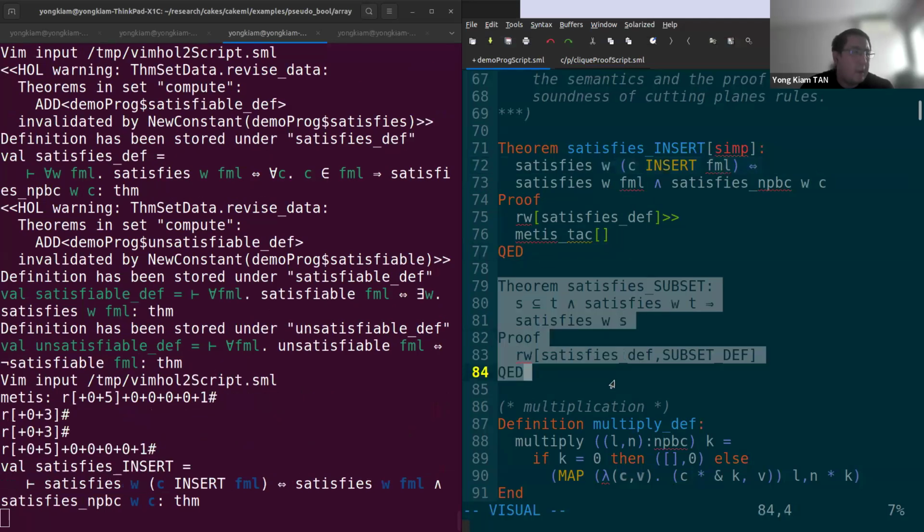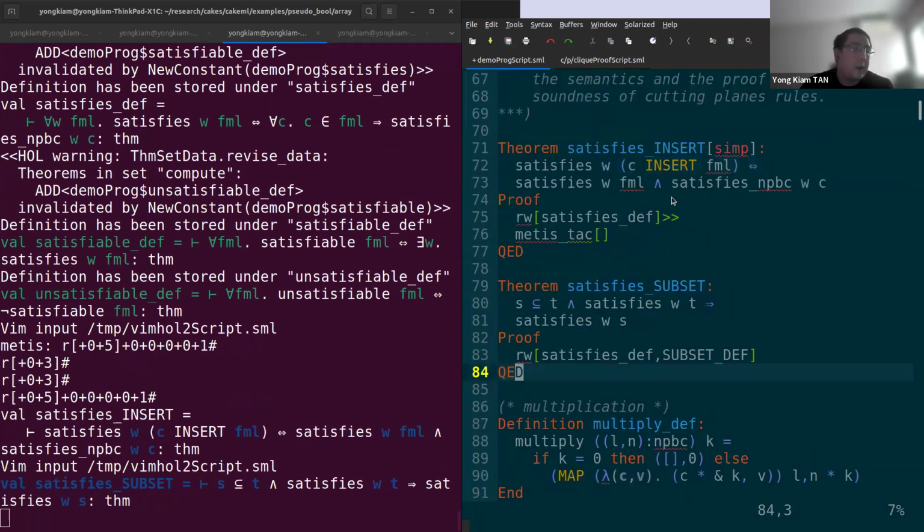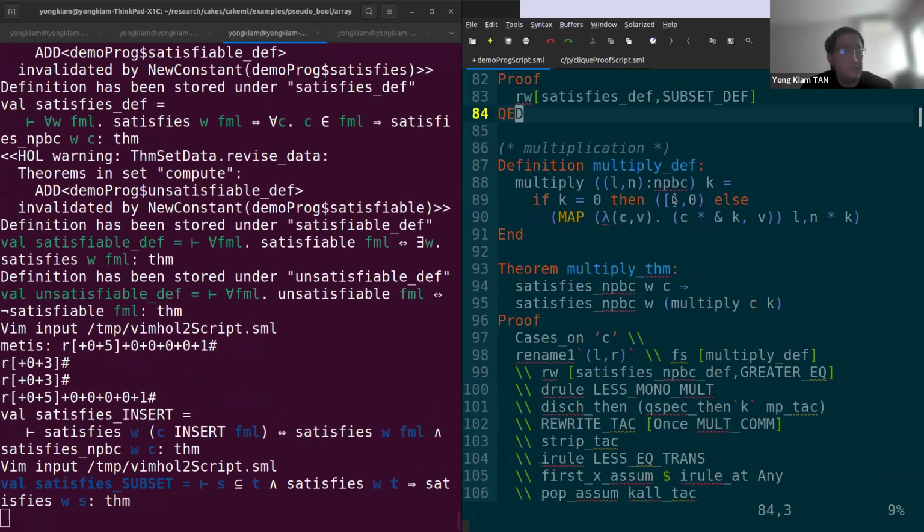So these are all things that you could state and prove inside the theorem prover.